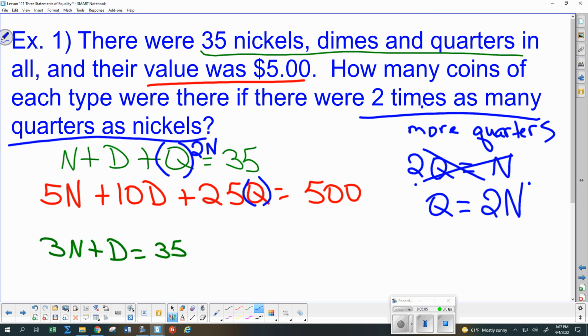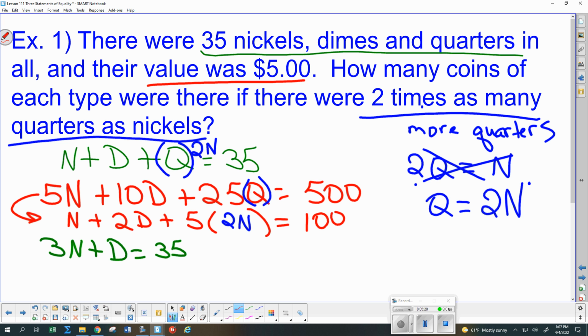So if we divide that red one by 5 first, we have n plus 2d plus 5q, and q is now 2n, and that equals 100, I think. So n plus 10n gives me 11n, plus 2d is 100. Thumbs up, thumbs down, make sure I'm not making any mistakes. I've been having a Monday all day long.